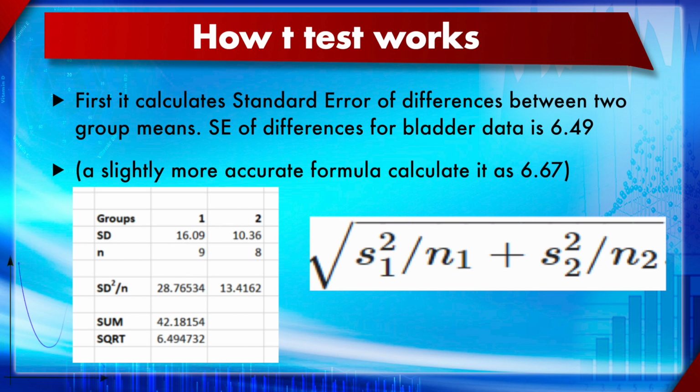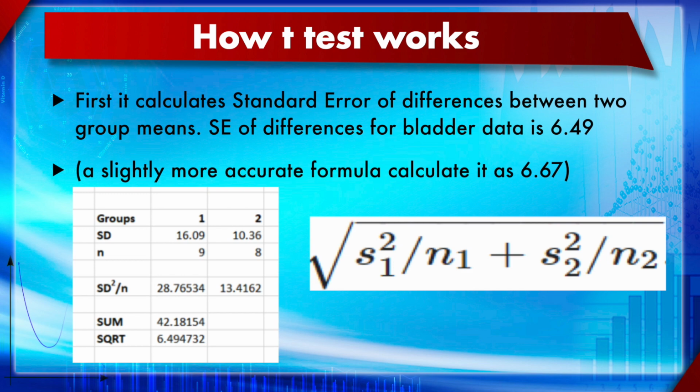The formula is the square root of s1 square divided by n1 plus s2 square divided by n2, where s is the standard deviation and n is the sample size. You add them and take the square root.